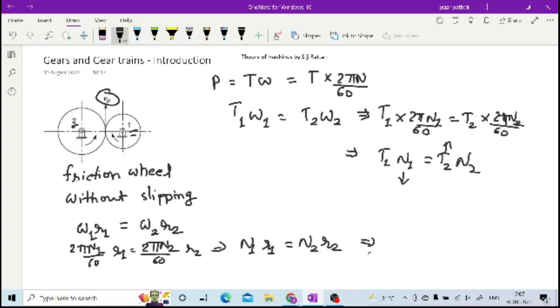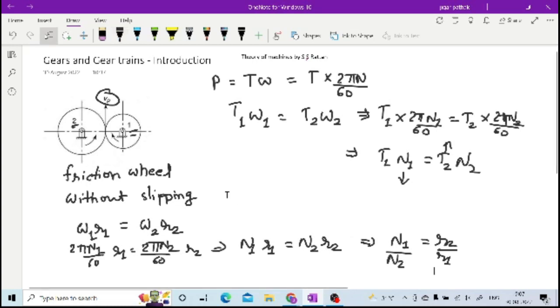You can simplify it further: N1 by N2 equals r2 by r1. This is how you get speed reduction and increase in torque when you use gears.